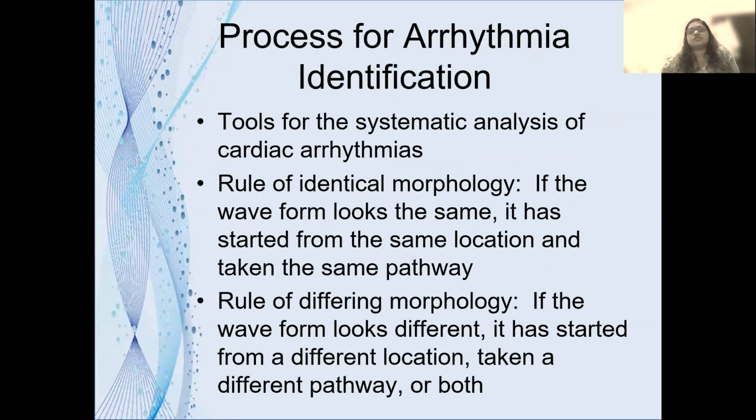Now, what is the process of arrhythmia identification? How do you know that there is an abnormality? You have to analyze the ECG rhythm. Rule of identical morphology: if a waveform looks the same, it has started from the same location and taken the same pathway. Rule of differing morphology: if the waveform looks different, it has started from a different location, taken a different pathway, or both.